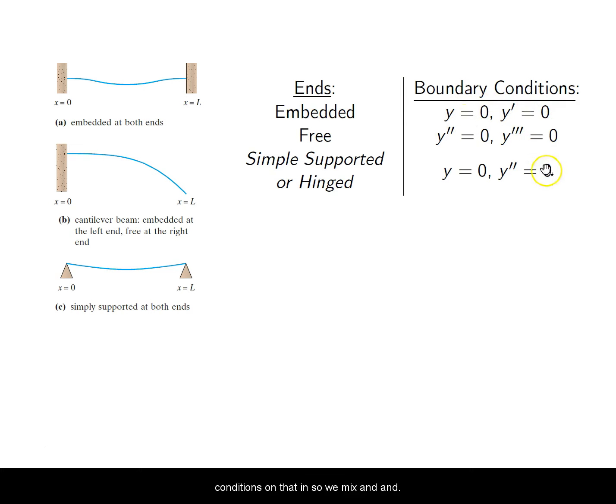So we mix these things where appropriate. Whatever's going on in our system, we choose the appropriate conditions for that boundary, either the initial boundary or the terminal side boundary. It's not just, oh, it looks like this, so this is the only one that I'm using. It depends on which end has which condition. So we mix these things up as appropriate, okay?